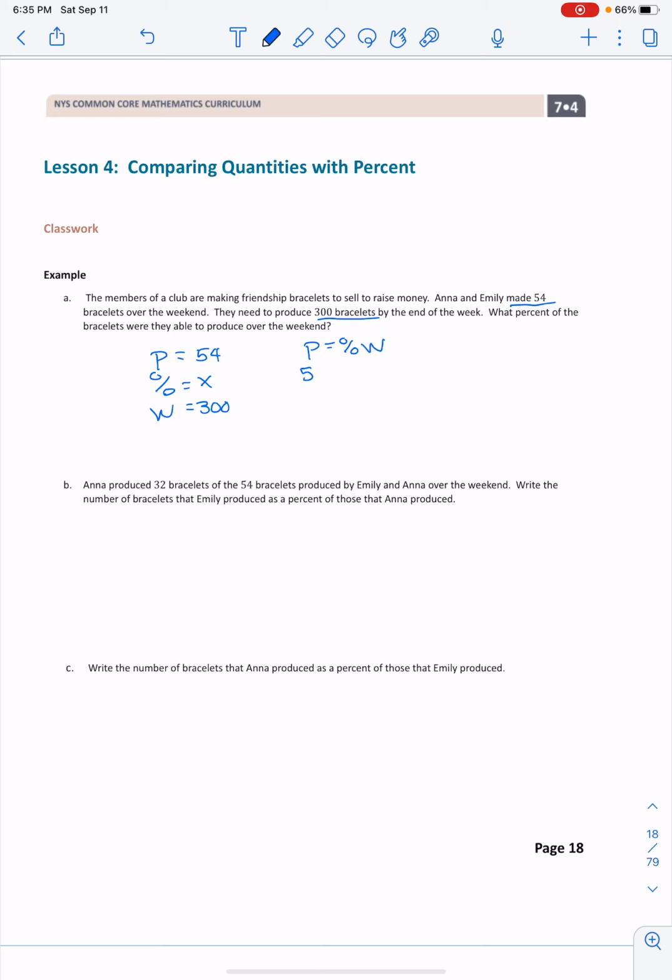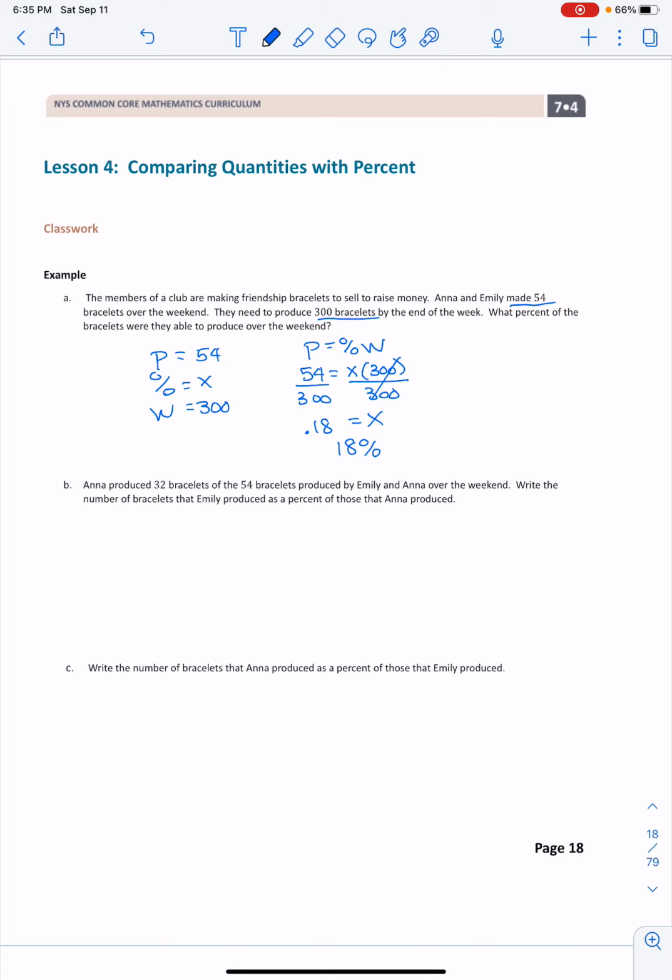So we have 54 equals X times 300. So if we divide both sides by 300, we have X equals 0.18, which will be 18%.